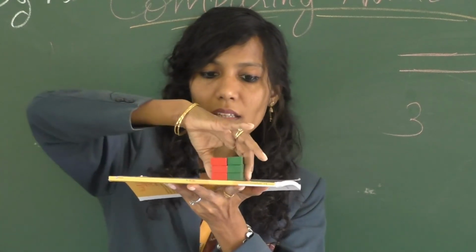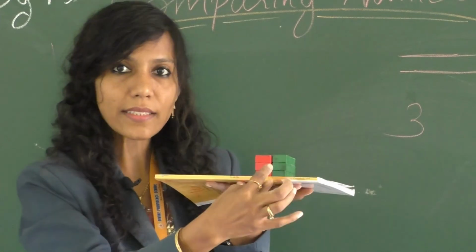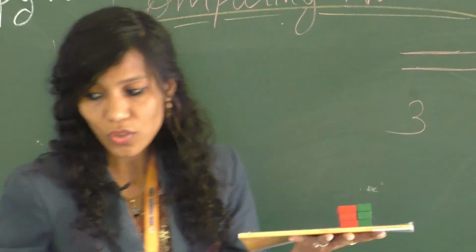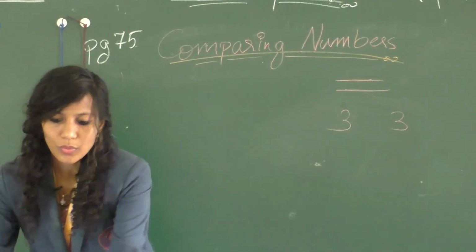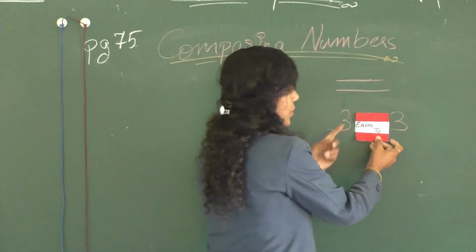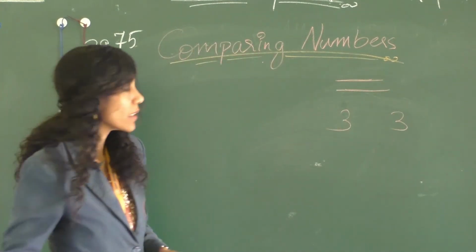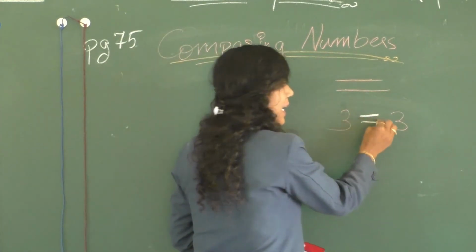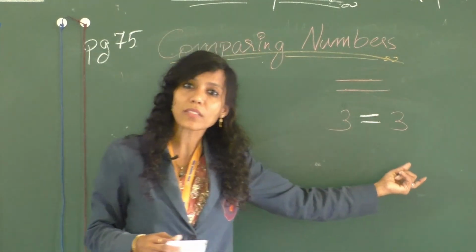No, see, both are the same. The level is the same, the height is the same, there is no difference. So the symbol which comes here is equal to. 3 is equal to 3. Both are the same, totally the same.